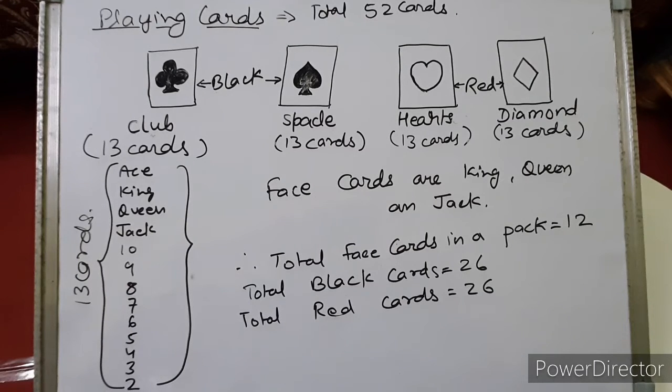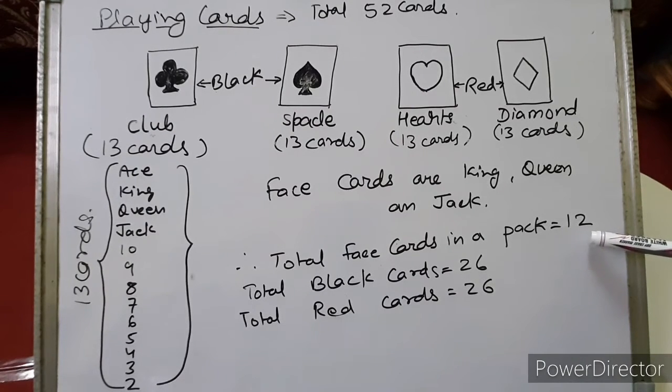Right. So these cards, king, queen, and jack, are called face cards. If you have seen a deck of playing cards, you will see that faces are printed on these cards. So that's why they are called face cards. Now, total face cards in a pack are 12.